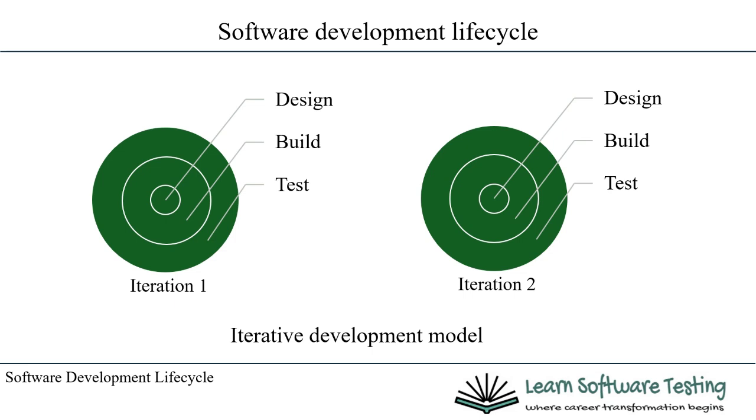The other main development life cycle is known as the iterative development model. Just as the name suggests, it's where the software build is done in chunks, in pieces. As you can see from the first diagram, it's labeled iteration 1. This is the first batch of the design or build of that software, which is why it's known as iteration 1.